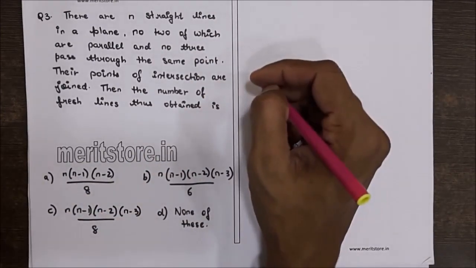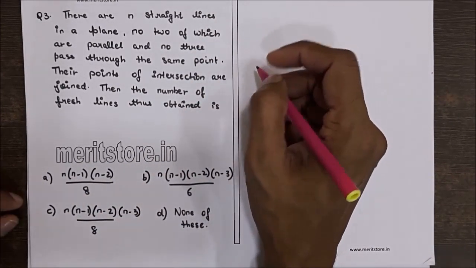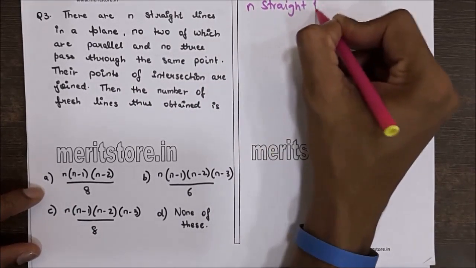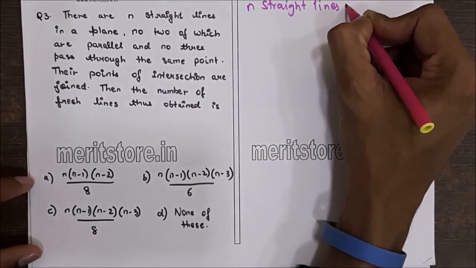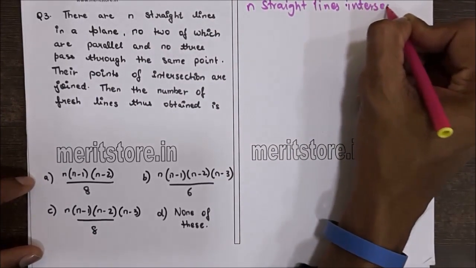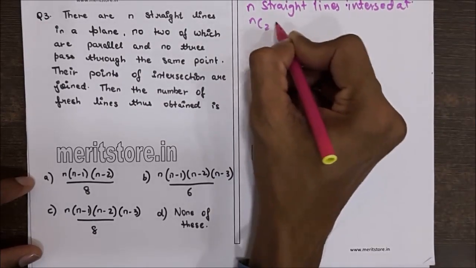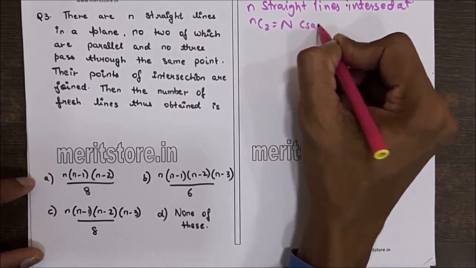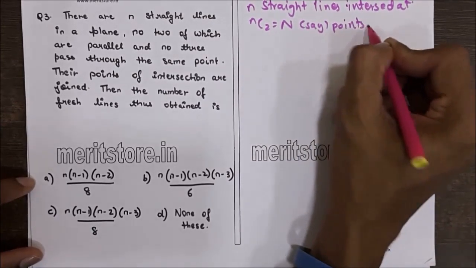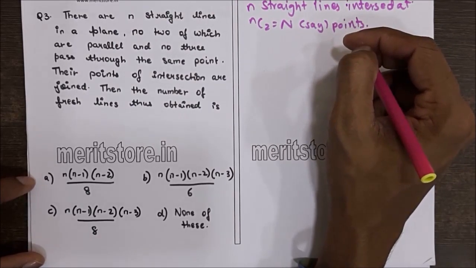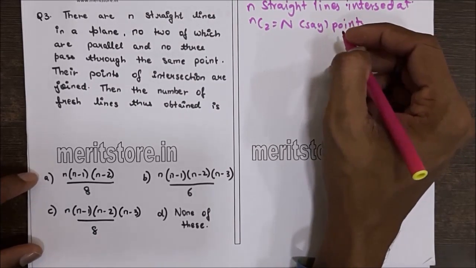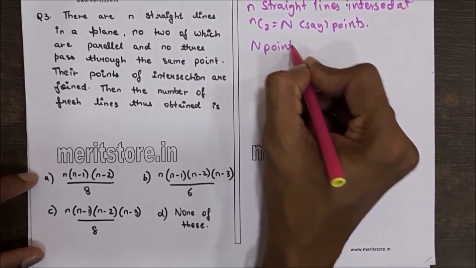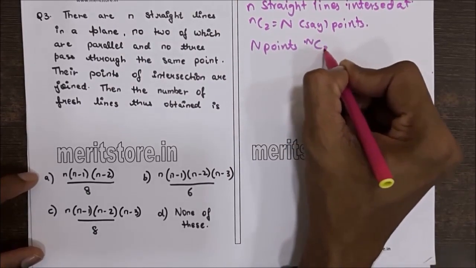Since no two lines are parallel and no three are concurrent, therefore n straight lines intersect at nC2 points. Since 2 points are required to determine a straight line, the total number of lines obtained by joining these points can be written as (nC2)C2.